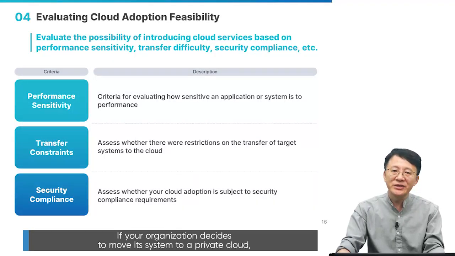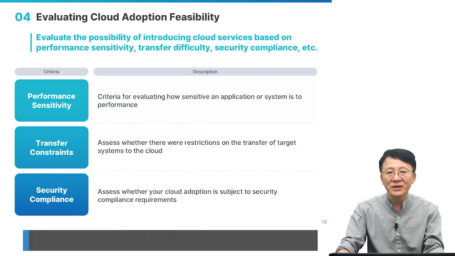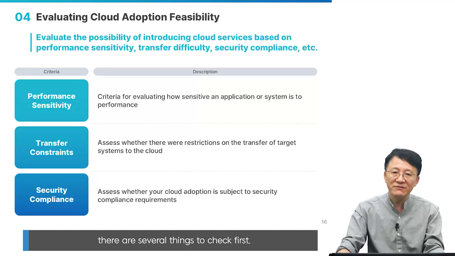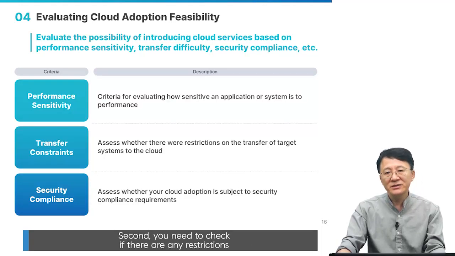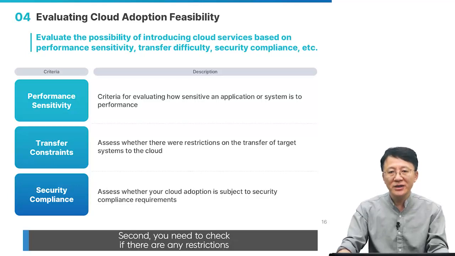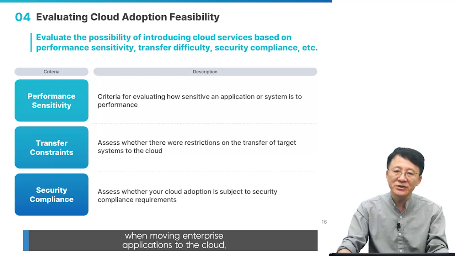If your organization decides to move its system to a private cloud, there are several things to check. First, when a company's application or system is moved to a cloud, the company needs to check whether there have been any problems with the performance or quality level. Second, you need to check if there are any restrictions when moving enterprise applications to the cloud.